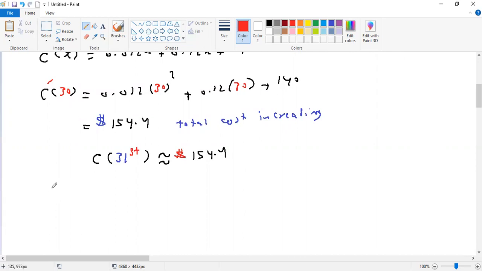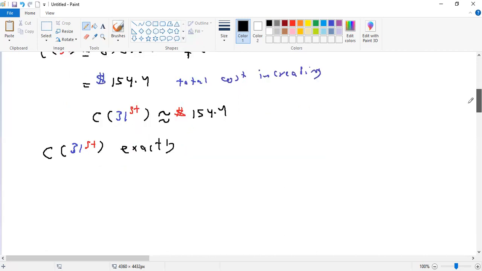Now how do we find the cost of the first unit exactly, not approximately? In this case, don't use the derivative.